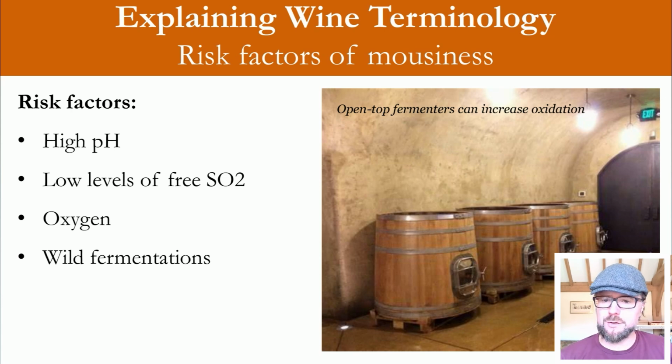So let's go through those risk factors. What are these risk factors? This is a little bit more hearsay and more anecdotal. We don't have concrete hard evidence for this, but it's logical to process this information by talking about what we've just mentioned, Brettanomyces and the likes of the lactic acid bacteria.